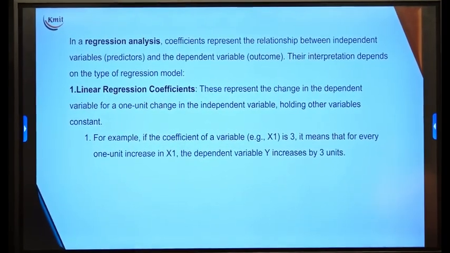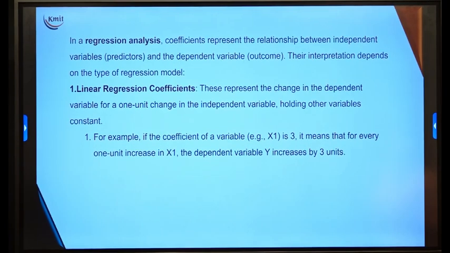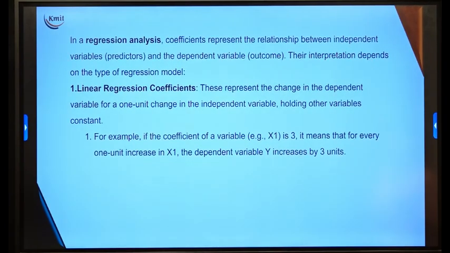For example, in a linear regression model, the coefficient represents the change in the dependent variable for one unit change in the independent variable. For one unit of the independent value x, how is my output getting changed? For example, I have 10 variables, x1 to x10.